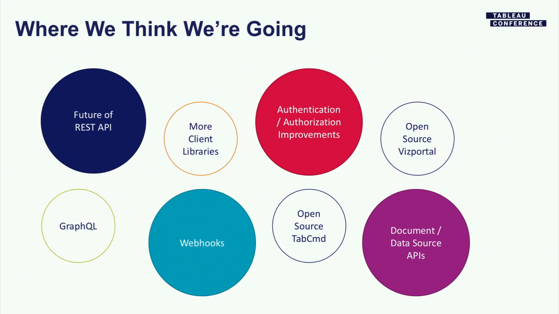We just added some APIs for being able to cancel extract jobs in 2018.2 or 3, I don't remember. We're adding more and more APIs around job management because we know that's been a struggle and people want more control. In fact, the only way you can cancel a job right now is through the REST API. It'll be coming to TabCmd and to the Viz Portal UI, but we are adding more and more APIs for job scheduling and job management.